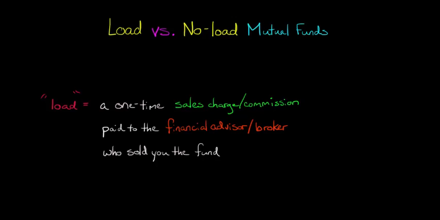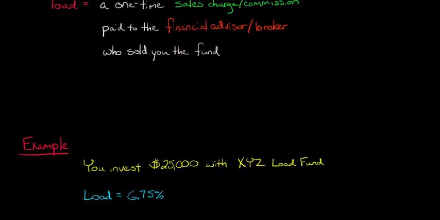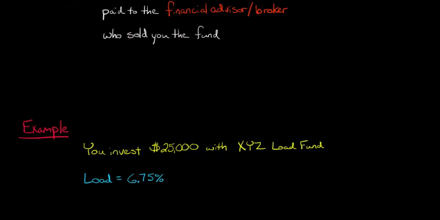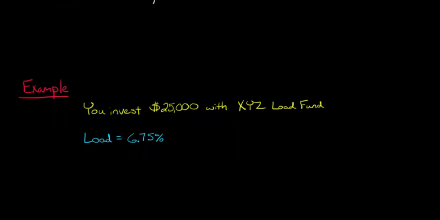So let's get into the pros and cons here. Let's walk through some of the mechanics and how a load would work. Let's say that you invest $25,000 with XYZ load fund, and their load is 6.75%. We want to know, how is that going to affect the investment you're making?